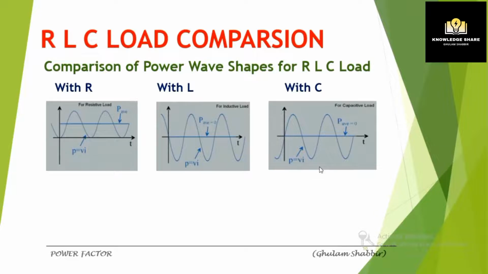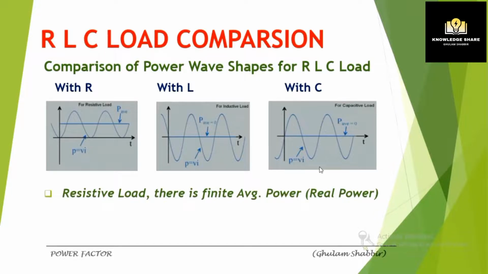You can see the zero average value for the power in the case of an inductive load and in the case of a capacitive load. For the resistive load, the finite average power is called the real power. The average power is absolutely 0 in the case of an inductive or capacitive load.